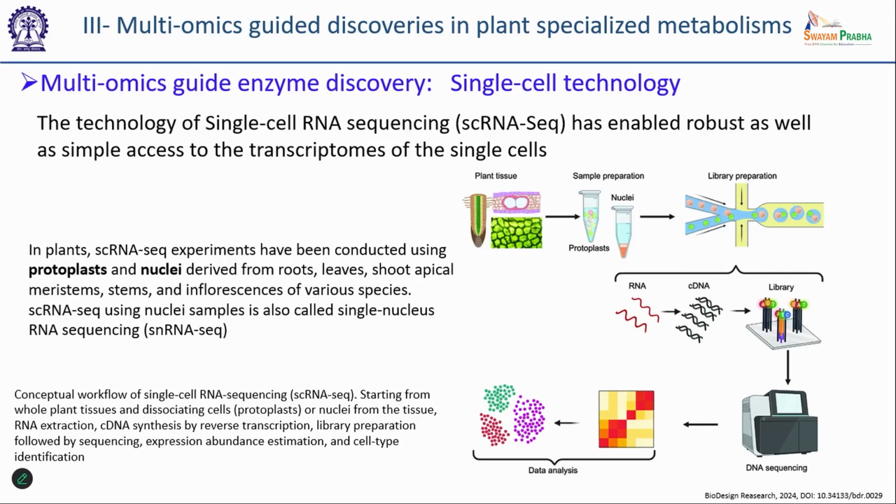So here is a summary of the technology that is now applied to get a transcriptome of a single cell. So the idea: you prepare different samples, and the intermediate is the preparation of protoplasts. Protoplasts are cells where you have digested all the cell wall, so they are completely separated from the others.